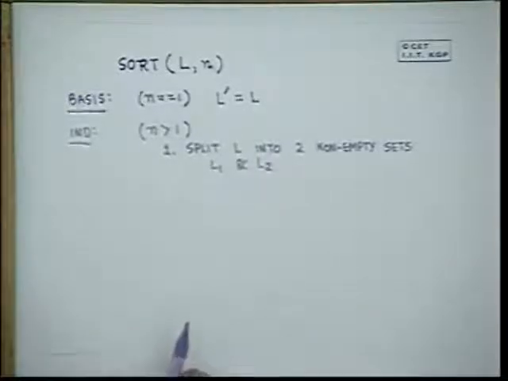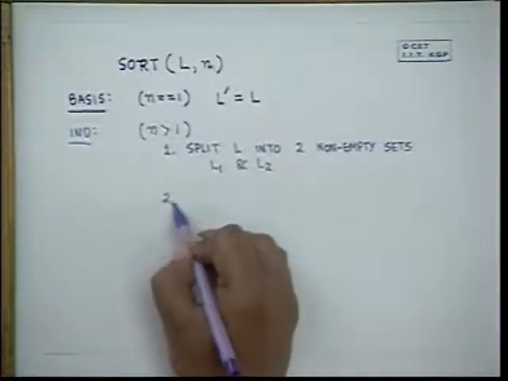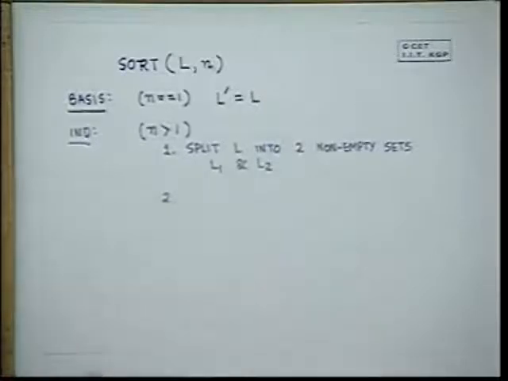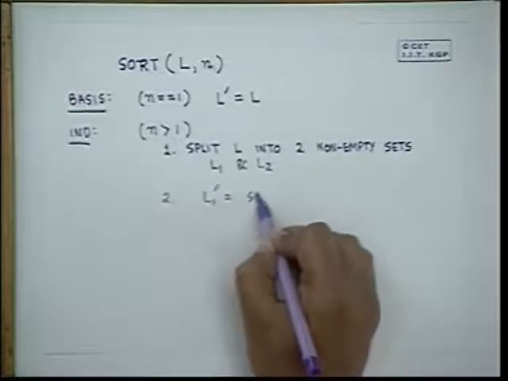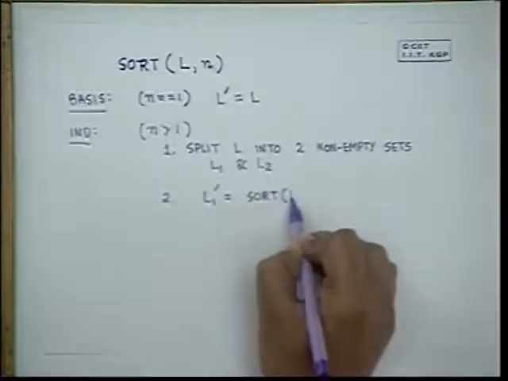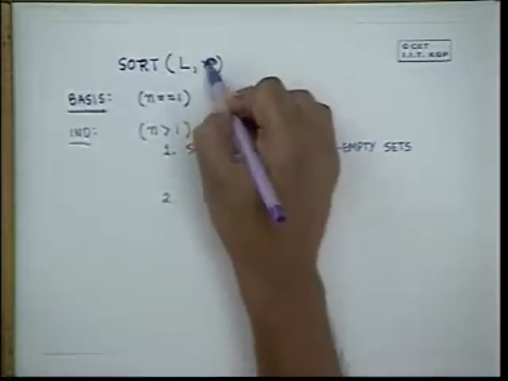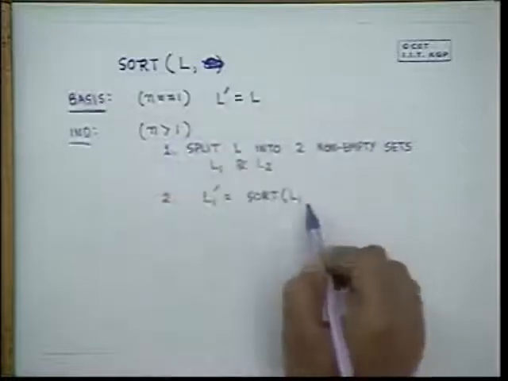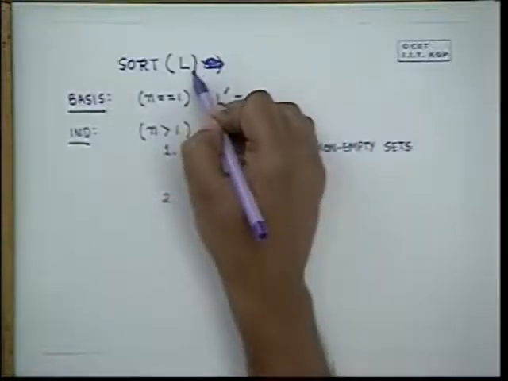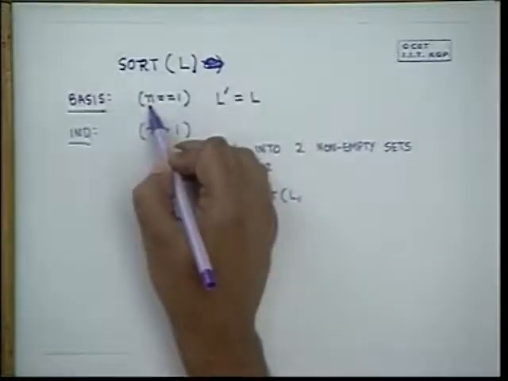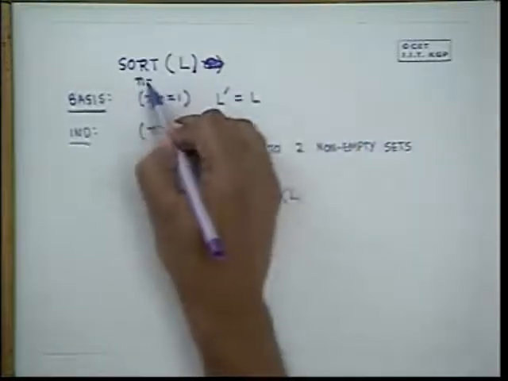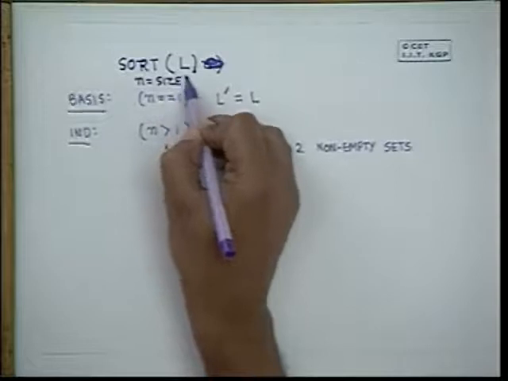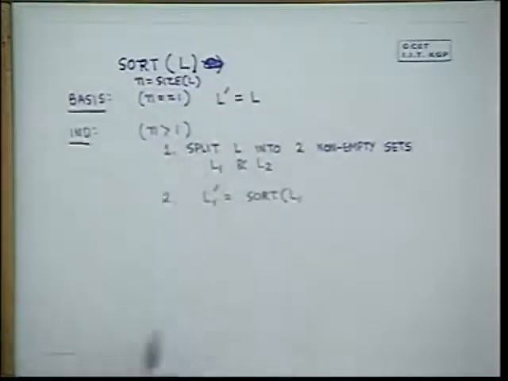All right. The second step is the inductive step. L1 dashed is sort L1. You can compute the size of the list, here this means size of L, so first you can do n is equal to size of L. Then sort L1.